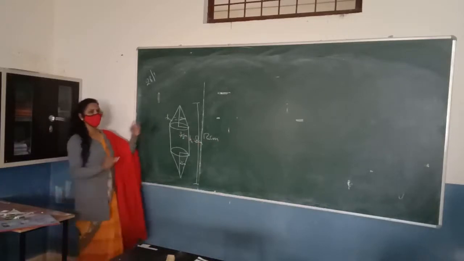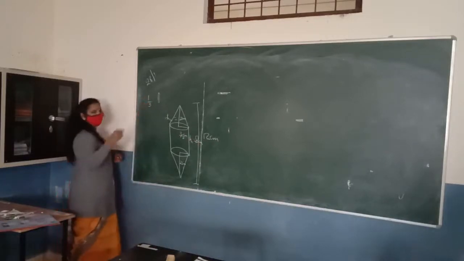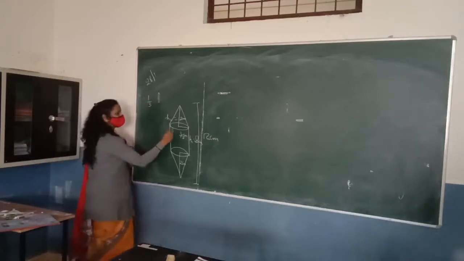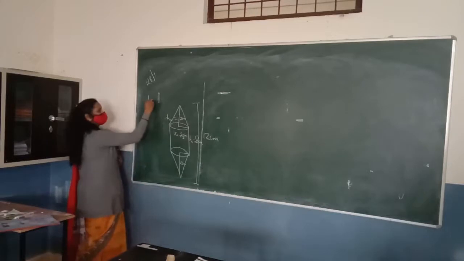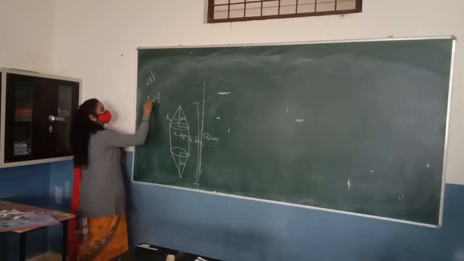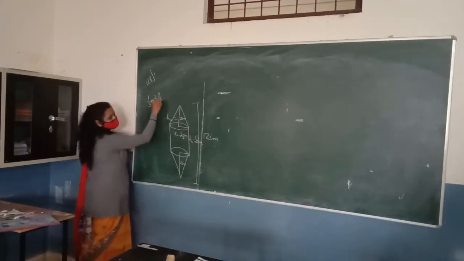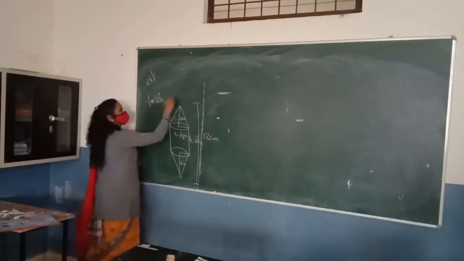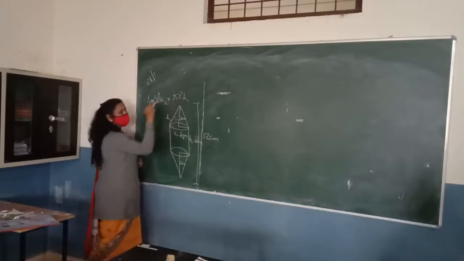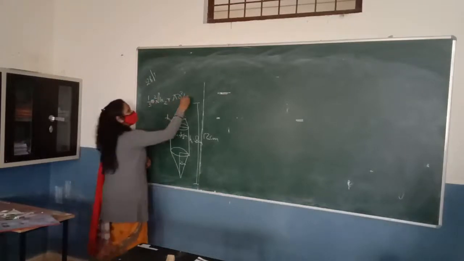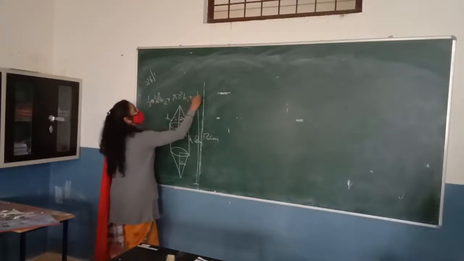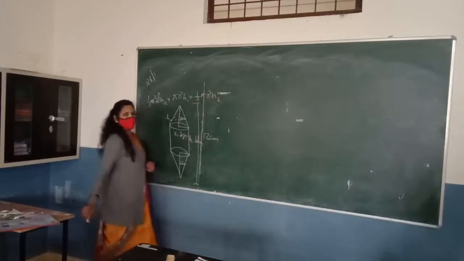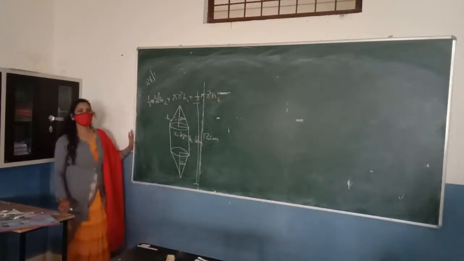So the volume of the cone is, we know that the radius of all the figures is the same, so we can represent it by the single symbol r. 1/3 pi r square h2 plus the cylinder pi r square h1 plus the cone 1/3 pi r square h2. Now what can we do for easy calculation?